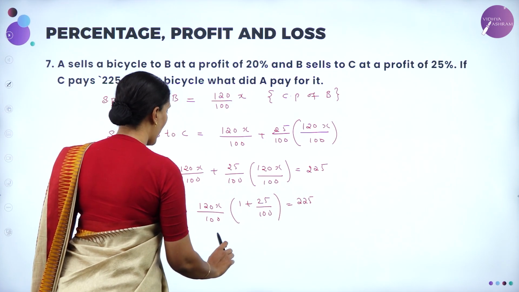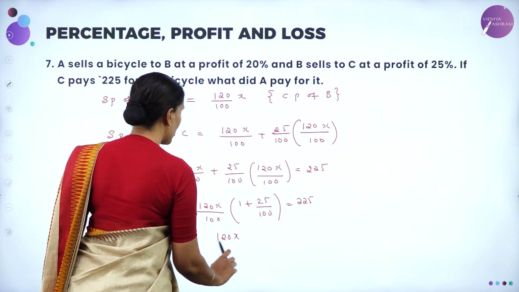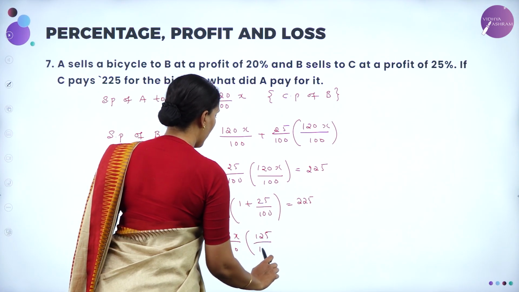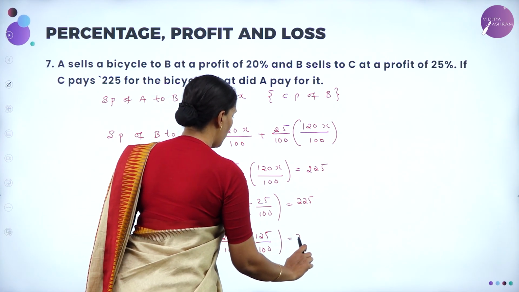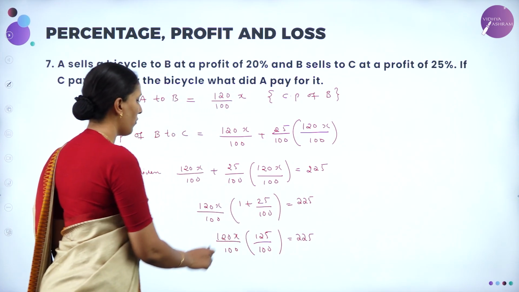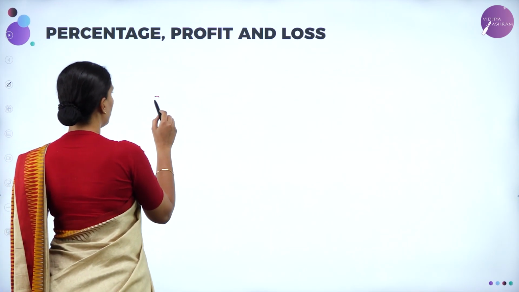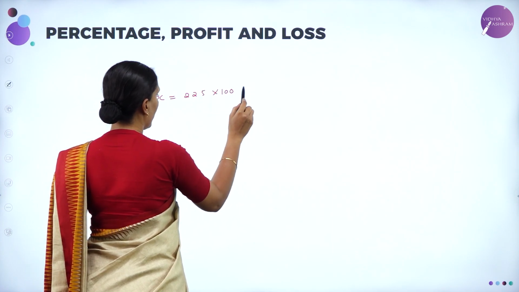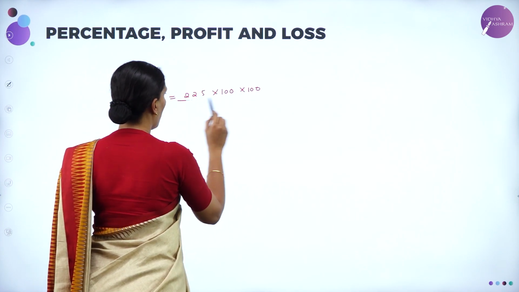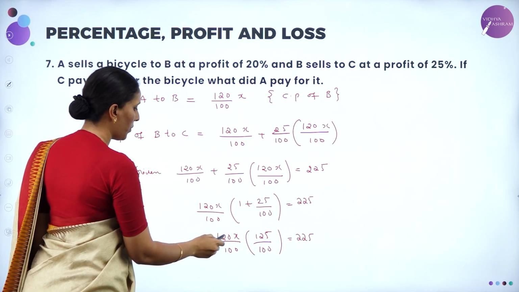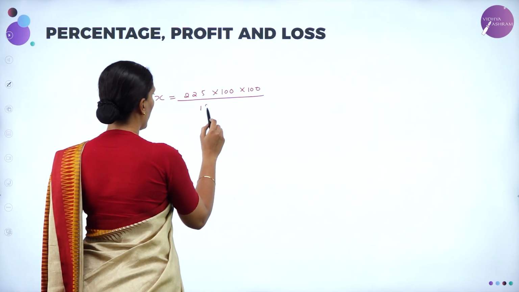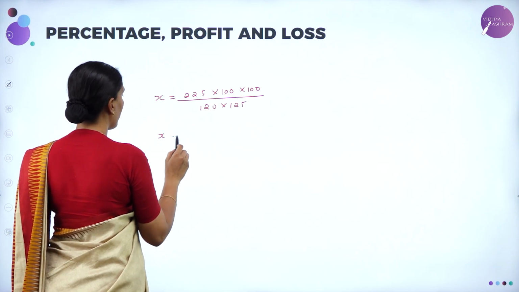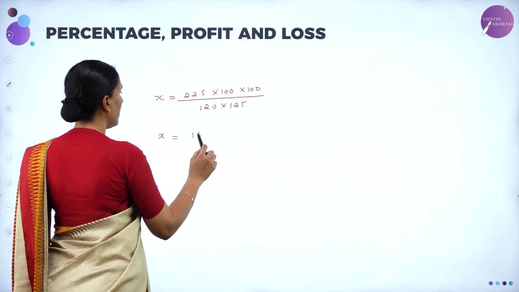So solving this fraction, we will get 120x by 100 into 125 by 100 is equal to 225. So finally, x is equal to 225 into 100 into 100 whole divided by 120 into 125. Evaluating this, we'll get x is equal to 150.